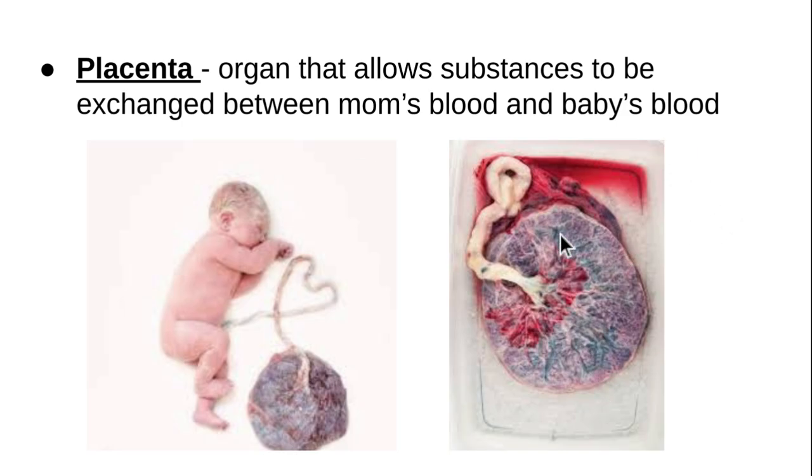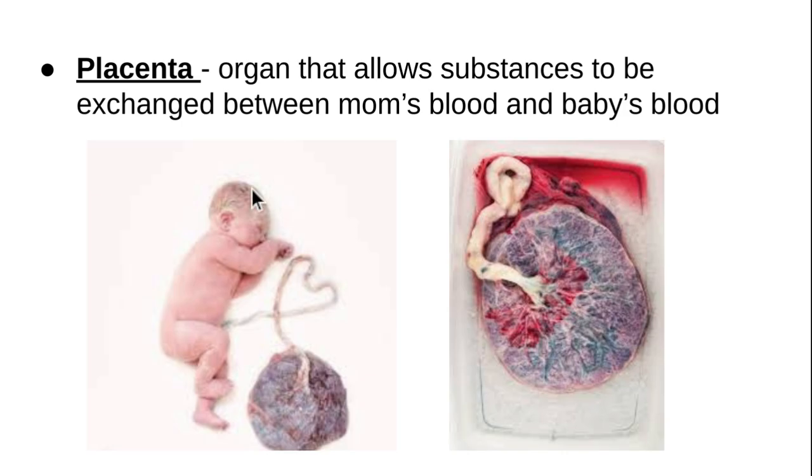So there's all these blood vessels here, but they connect to mom's blood vessels. And so that way, when you eat food and you get nutrients, they can pass through the placenta and then go through the umbilical cord to the baby so the baby can get nutrients. This is also why if you're drinking alcohol or taking drugs, it's going into your bloodstream, then it's going into the placenta, then it's going into the baby.